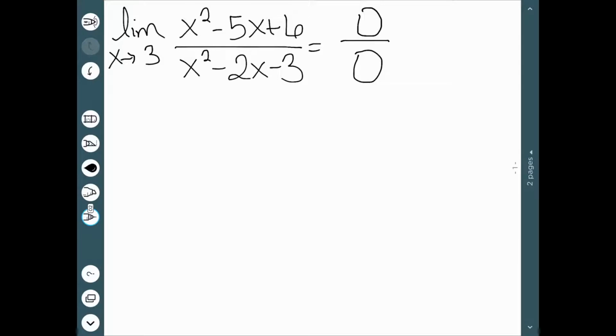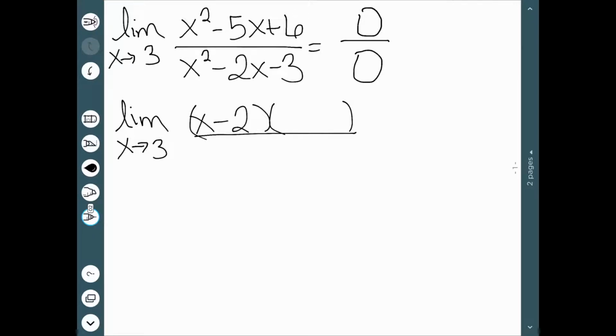Our first default, since we see these quadratics, would probably be to factor. So let's try to factor. We have the limit as x approaches 3. On the top, two numbers that multiply to be 6 and add to be negative 5 would be negative 2 and negative 3. On the bottom, two numbers that multiply to be negative 3 and add to be negative 2 would be 1 and negative 3. And now I can see this x minus 3 term cancel.